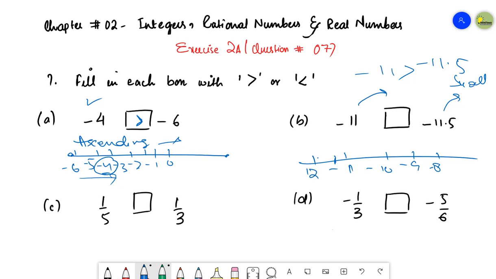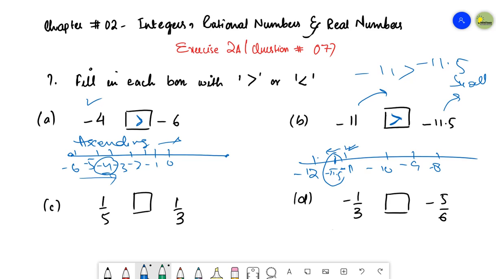Like if this is -12, then -11.5 is going to be in between -12 and -11. So it means it is going to be the smaller value. -11.5 is coming before -11, so this value is smaller than -11. So I can say that -11 is greater. I have to use the greater than symbol over here. It's a greater value than -11.5, right?